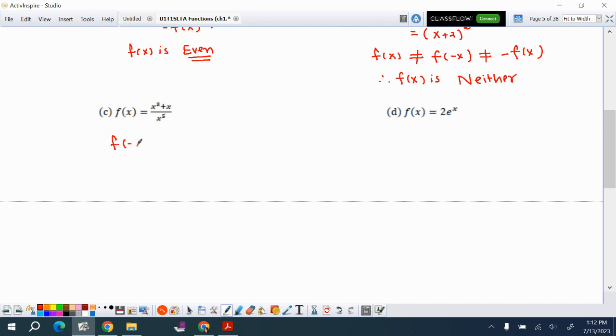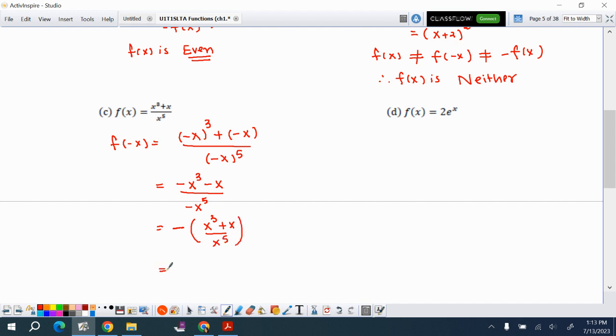So let's take a look at one more here. F of negative x is negative x cubed plus negative x divided by negative x to the fifth power. We know that a negative number to the third power becomes negative. A negative number to the first power is negative, and to the fifth is also negative, which is the same as, if you factor out the negative, negative f of x.